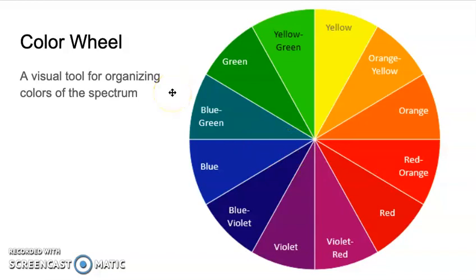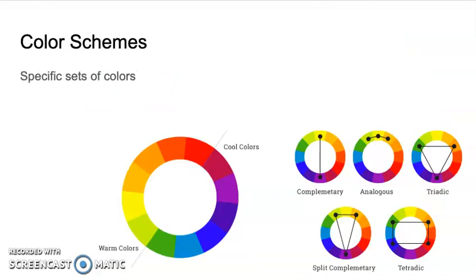So color theory, coming back a step, is based on the idea that colors go together, and the color wheel is this basic visual tool for organizing these colors. So oftentimes a set of colors is called a color scheme.